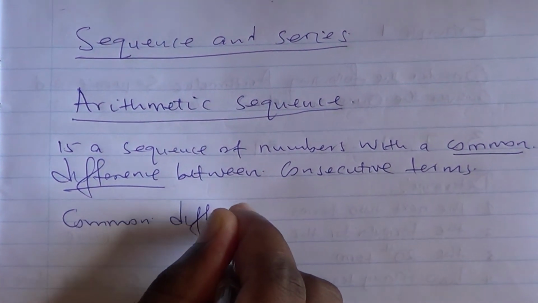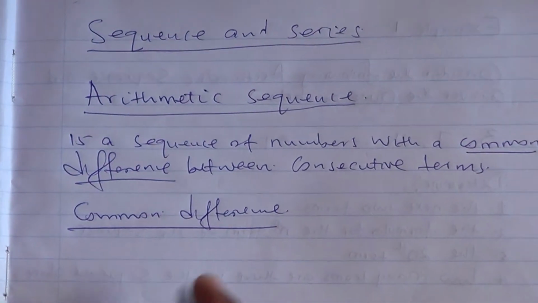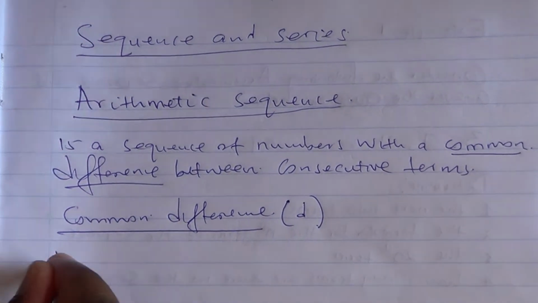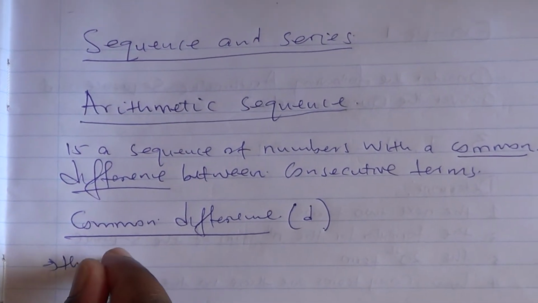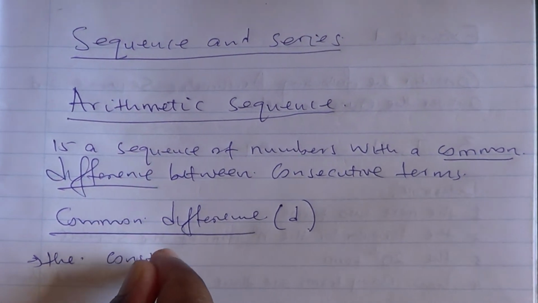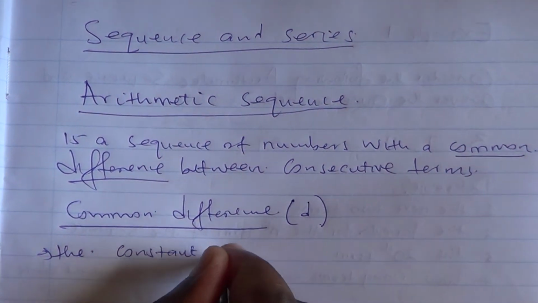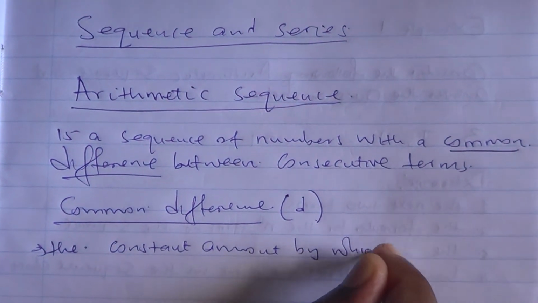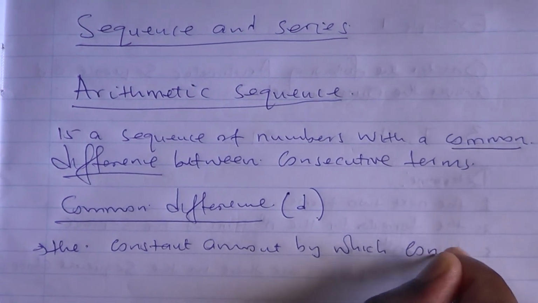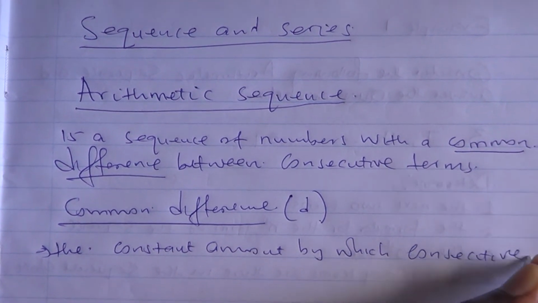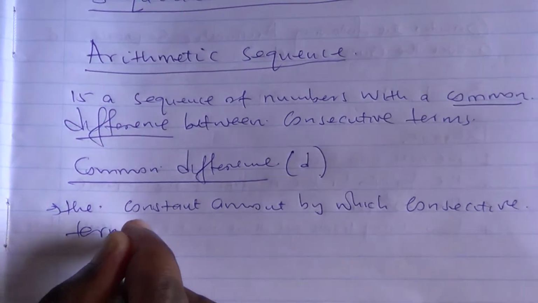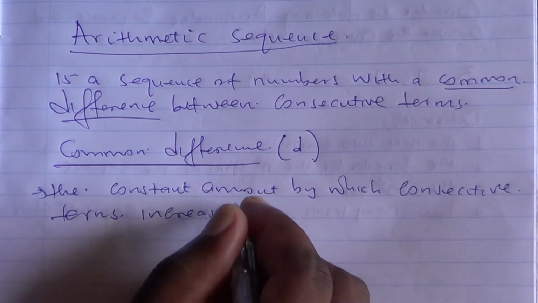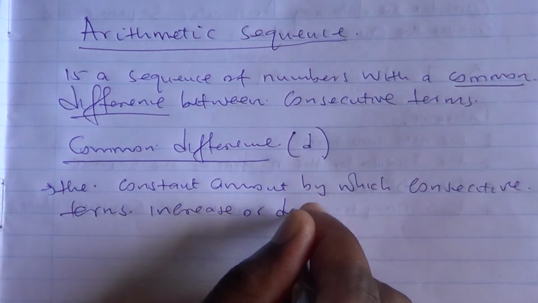It is denoted by the letter d, and it is the constant amount by which consecutive terms increase or decrease.